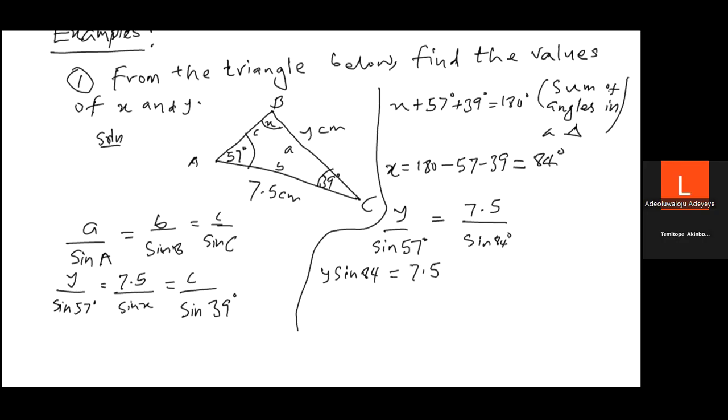Make y the subject: y equals 7.5 sine 57 divided by sine 84. So press your calculator and tell me the outcome.